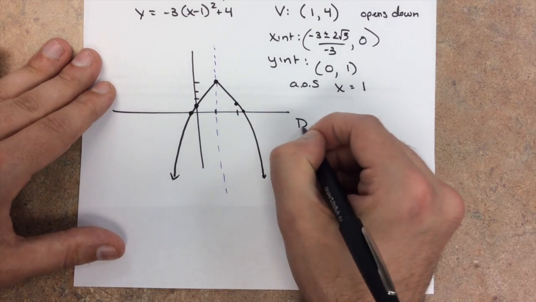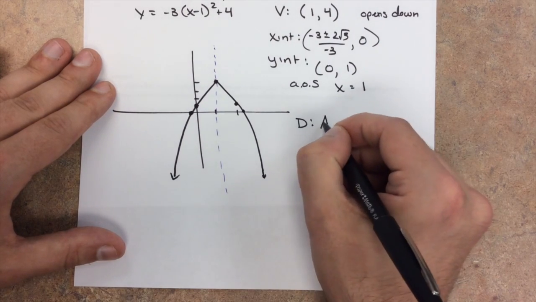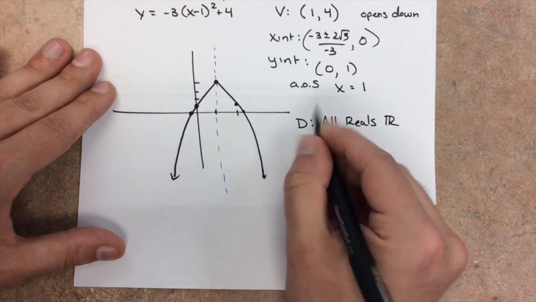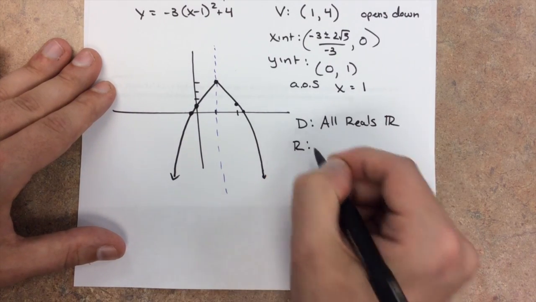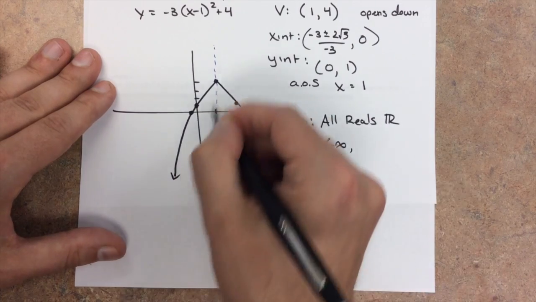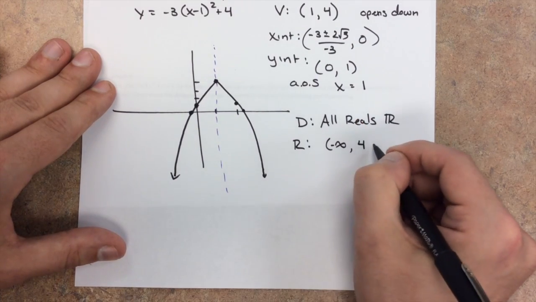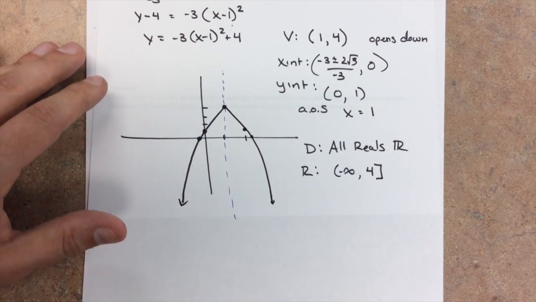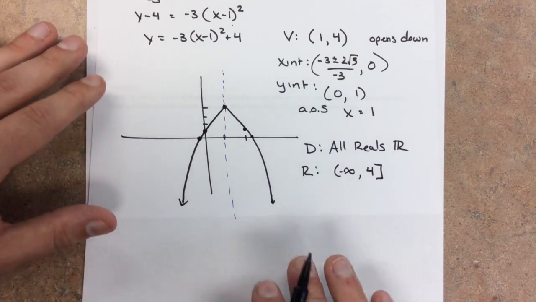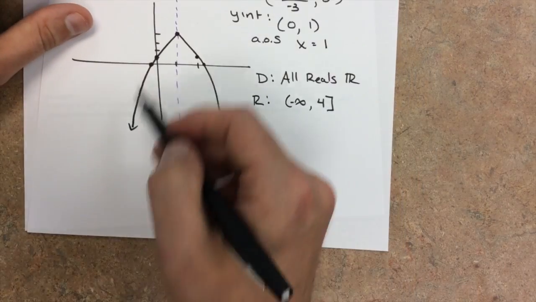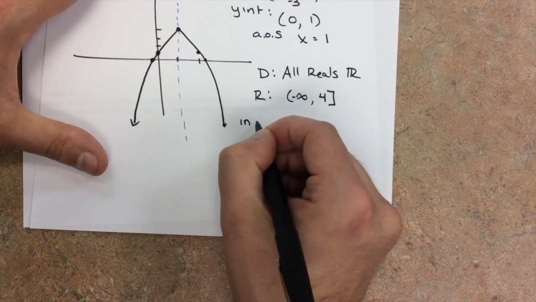So the last thing, the domain, is all reals, because any polynomial has no restrictions. The range, the lowest point is negative infinity. The highest point is 4, and we include that. The last two questions that are on here: determine where this is increasing and where it's decreasing.